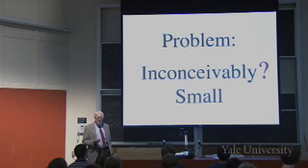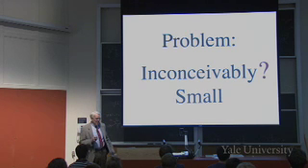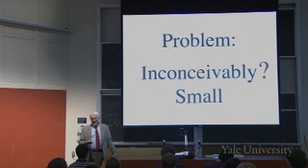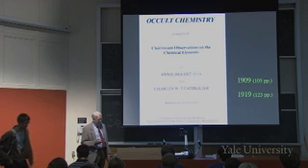Okay, but is it really inconceivable how small they are? When I was in your place, everybody thought, yeah, they're inconceivably small, we'll forget it. But there are more recent techniques that suggest that you can really see things that small, or at least you can think about them clearly.